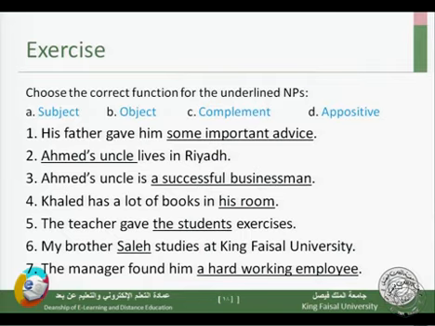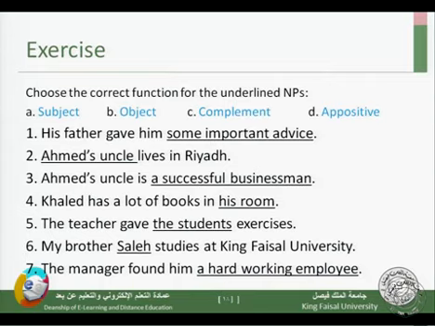Number 5, the teacher gave the students exercises. So here we have the teacher, which is a subject, gave, which is a verb, the students, which we will say what it is in a bit, and exercises. We have two noun phrases here. The students is a nominal group, exercises is a noun.